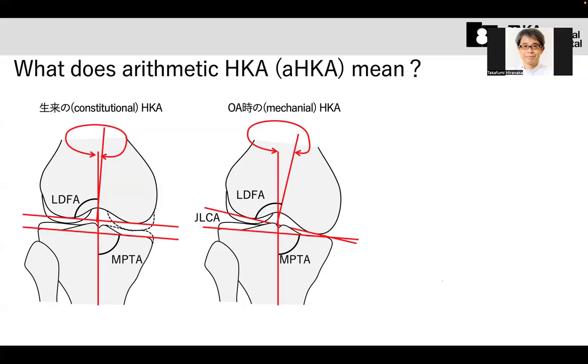JLCA expresses the degree of cartilage wear. So the HKA in an OA patient, the so-called mechanical HKA, includes the native HKA plus JLCA.